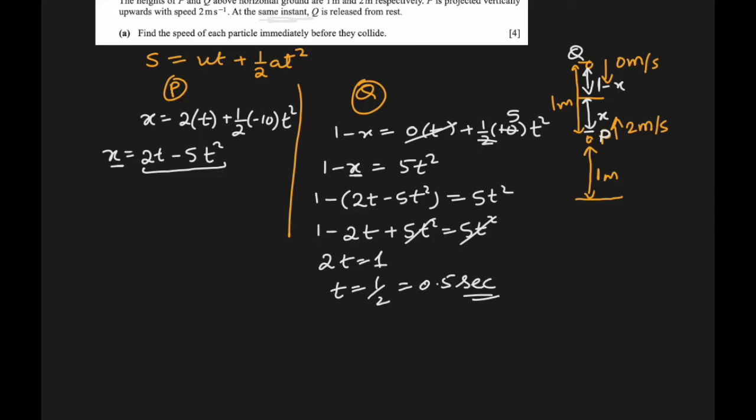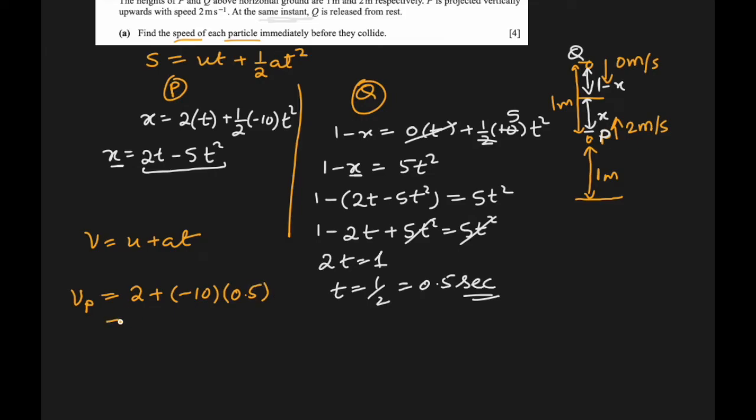But the question was, find the speed of each particle. So for that we will use this formula, v equal to u plus at, and for particle P, vp will be 2 meters upwards plus minus 10, minus 10 because it is going up but is being decelerated by gravity, and time is 0.5 seconds.